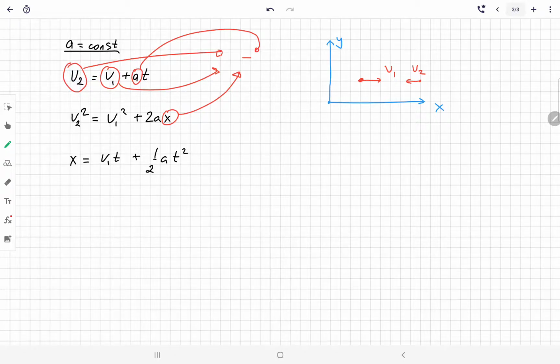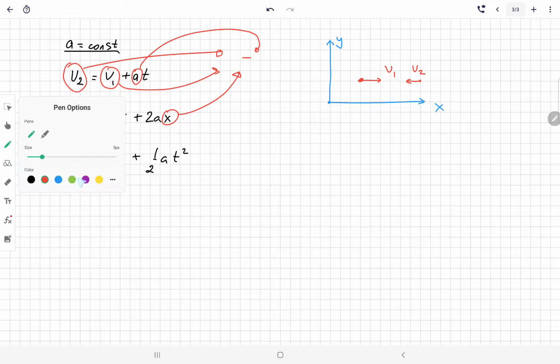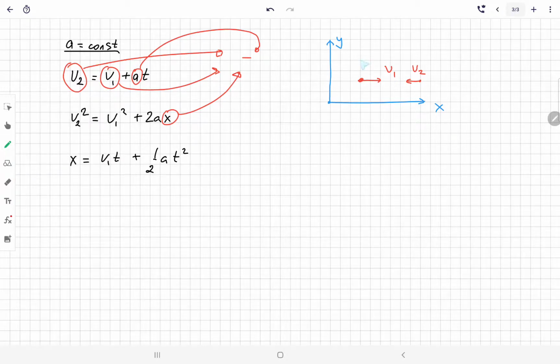Negative about direction because it's moving to the left side. The number is the magnitude, 10 meters per second, for example. Same for the acceleration. If this car is accelerating to the right side, it means your acceleration should be a positive number.